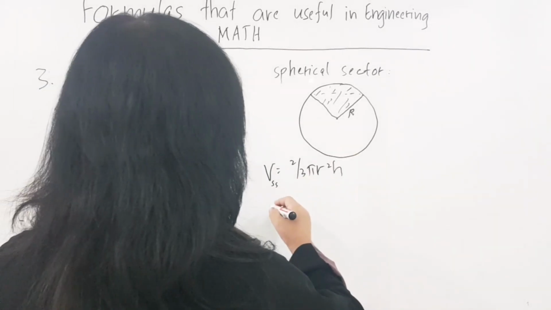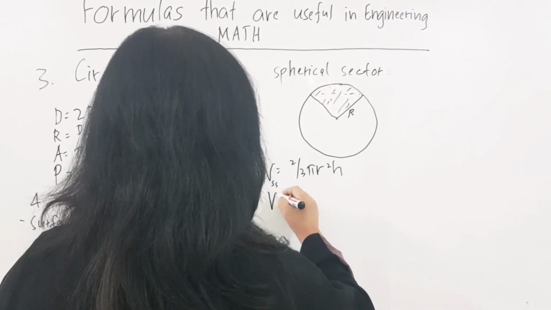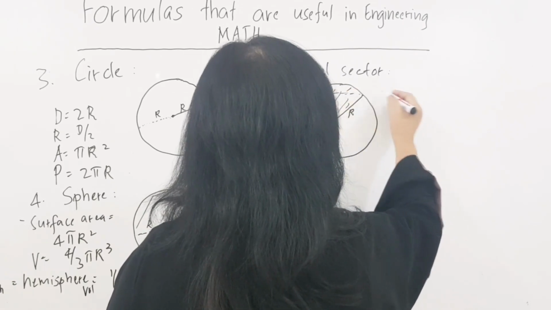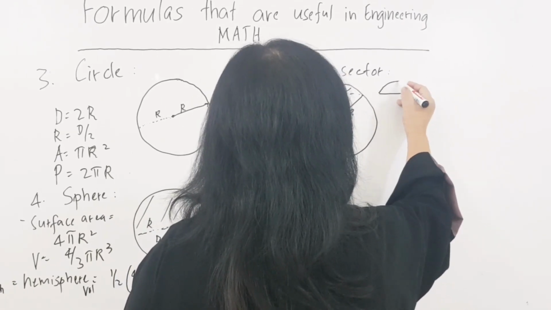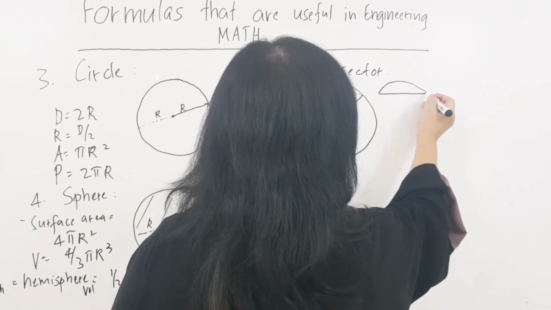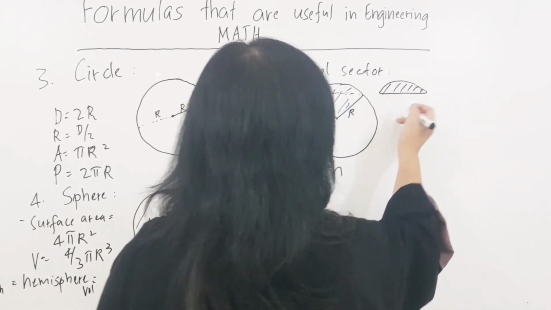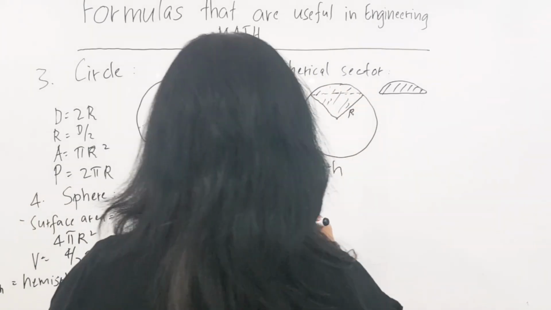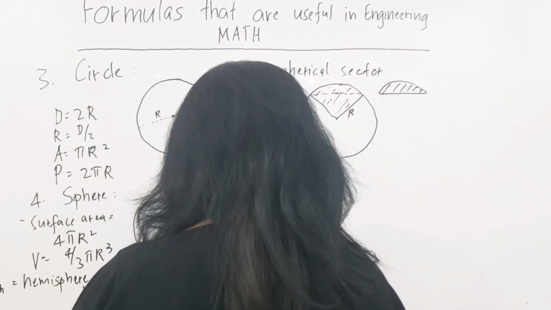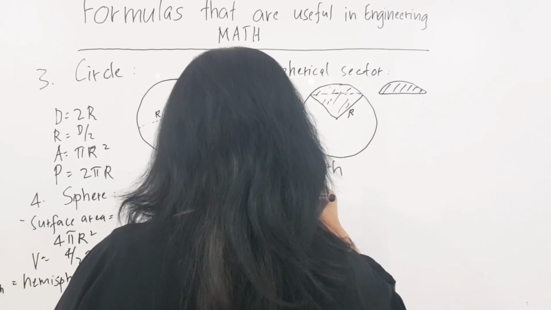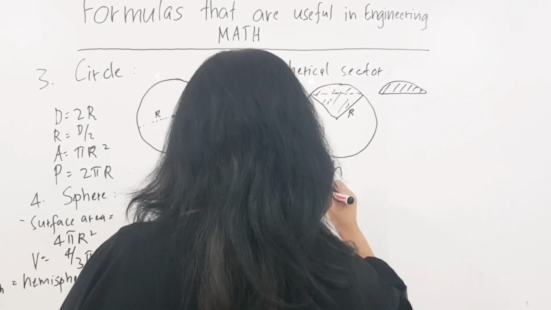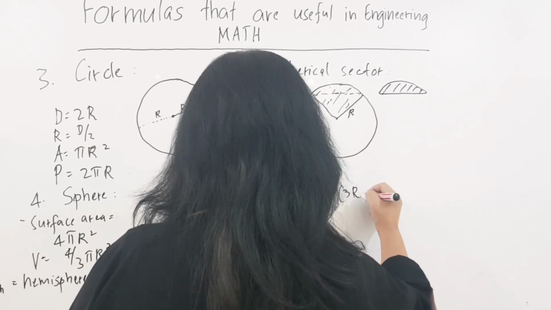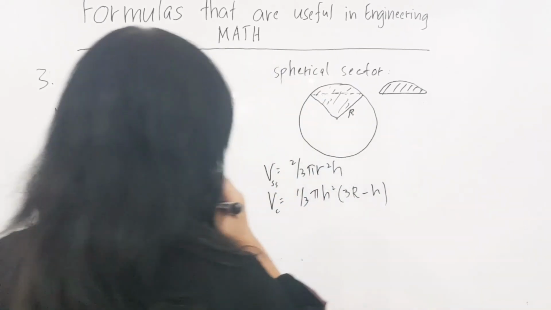Now, how about the spherical cup? The spherical cup is this portion here. For the spherical cup, the formula is pi h squared times 3r minus h.